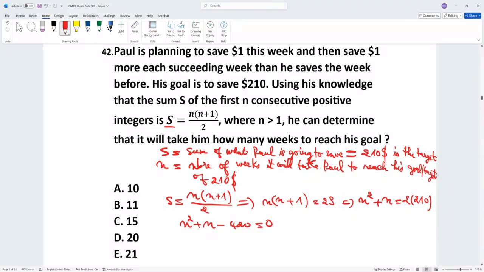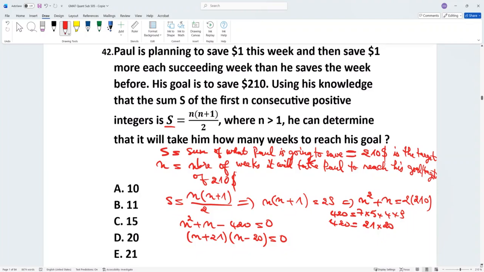420 here is actually equal to 7 times 5 times 4 times 3, or equal to 21 times 20. So knowing that, we can simplify this quadratic equation to be (n plus 21) times (n minus 20) equal to 0.